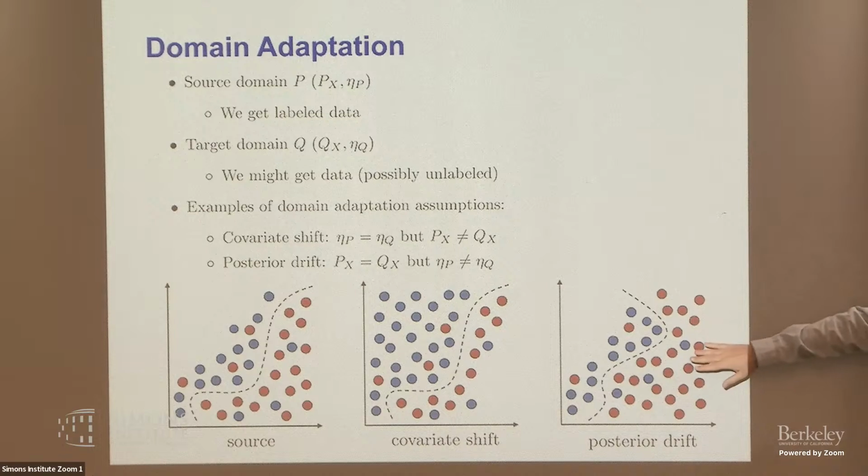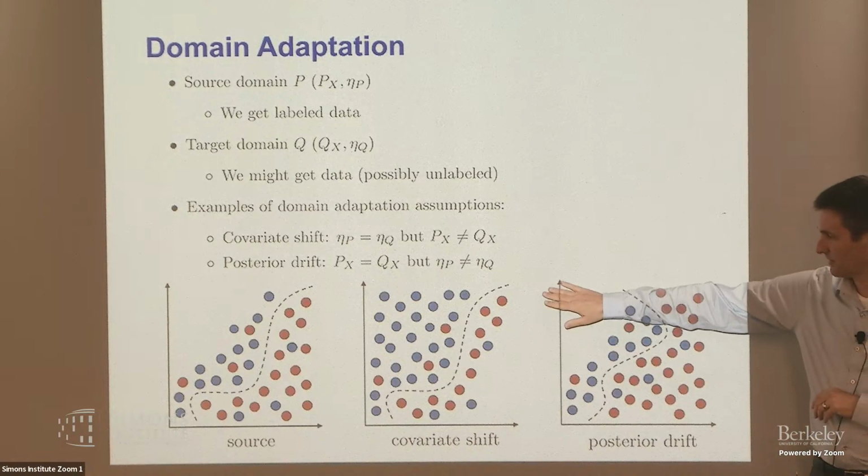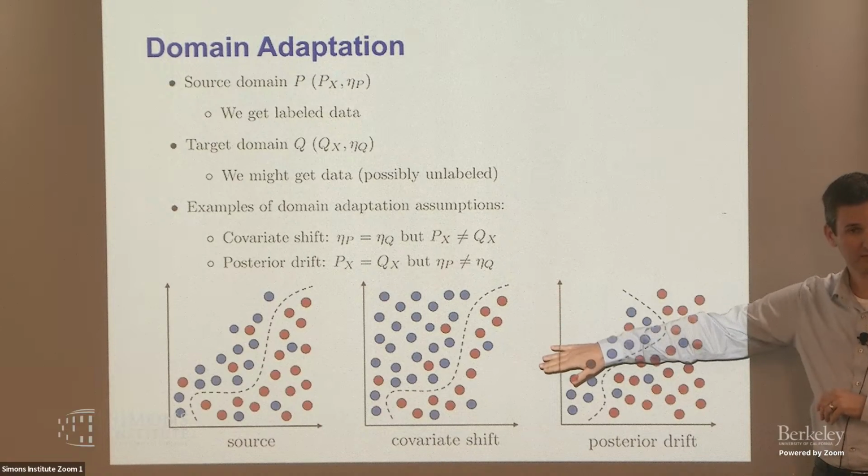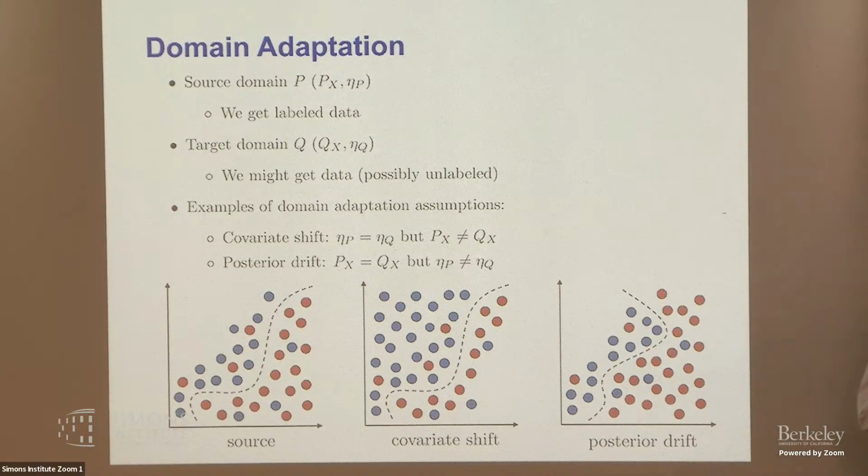And these are illustrated at the bottom, where on the left you've got, say, a source distribution. In covariate shift, because the posterior remains unchanged, the optimal classifier remains the same as in the source, just the X marginal changes. Whereas in posterior drift, since the posterior changes, the optimal classifier may also change.